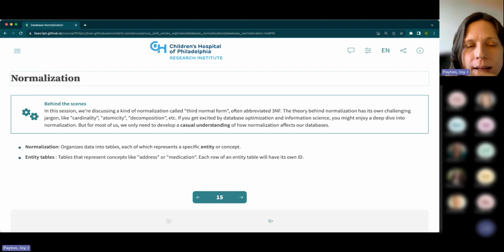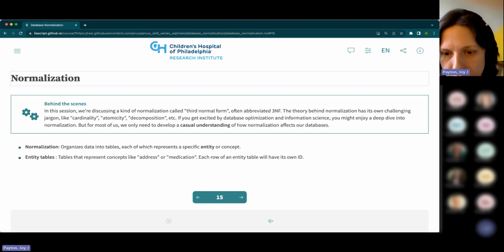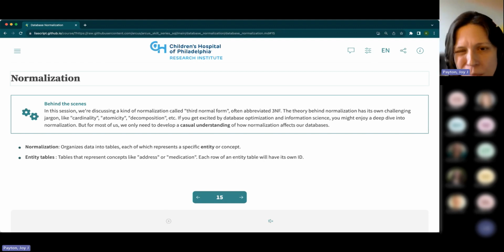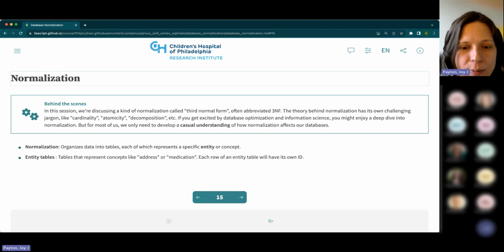For example, if I'm thinking about a medication, the generic name of Motrin is not likely to change, right? In the case of a medical device, it has one barcode sticker on it, and the chances are that barcode sticker is never going to change, or maybe it'll change once in 10 years. It's a very stable code. A medical procedure will have one billing code associated with it. You get the idea. These are singular data elements that are pretty unchanging.